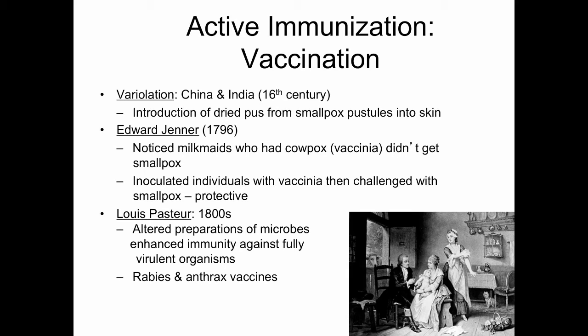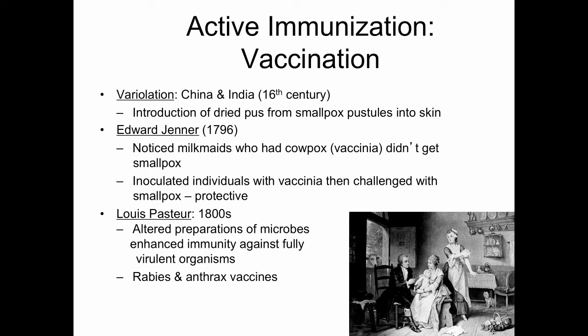So vaccination has been around for hundreds, and maybe some reports suggest even thousands, of years in ancient China. But one of the first recognized uses of vaccination to purposely prevent a specific infectious disease was by Edward Jenner, where he noticed that milkmaids who had contracted cowpox, which is a virus related to smallpox, did not get smallpox.